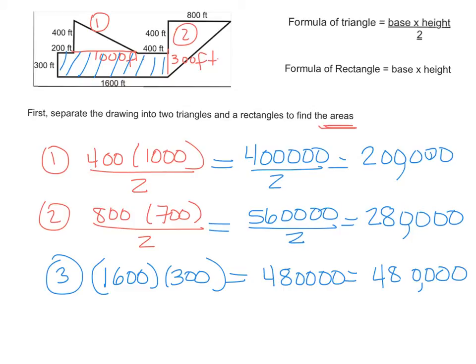Okay, together it makes 960,000 feet square. What we did was to add all the areas. We added this one, and this one, and this one, and we got our final answer.